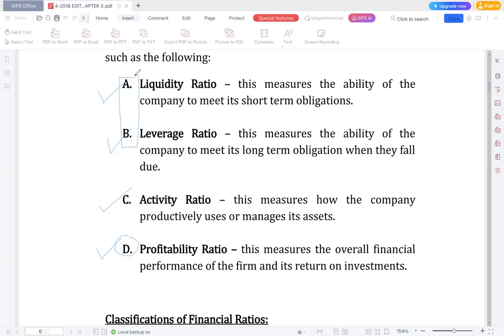So as an investor, if the retained earnings, say for example, is negative, so there is a deficit, you can forego. You can consider another investment. You can look into another firm with high retained earnings, high profitability.